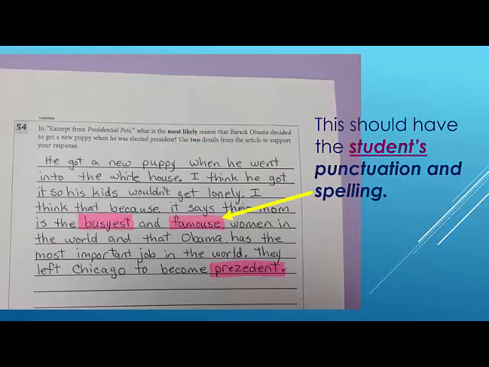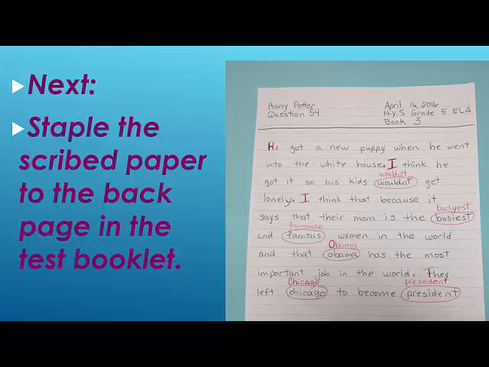So this accurately and completely captures exactly what the student intended, mistakes and all. Then you're going to take the original sheet that you wrote out with the student's help completing it, and staple it to the back page in the test booklet.